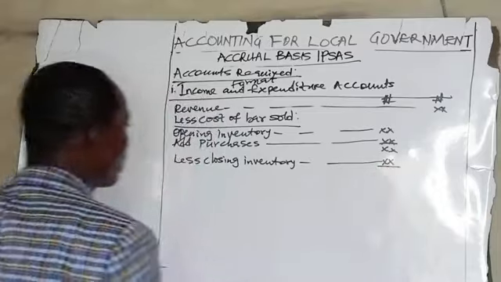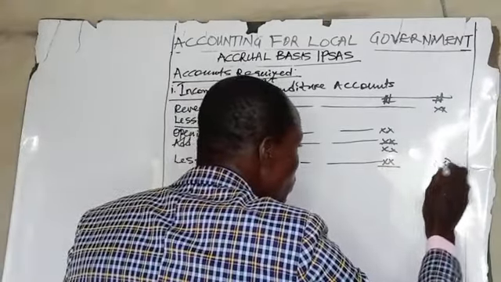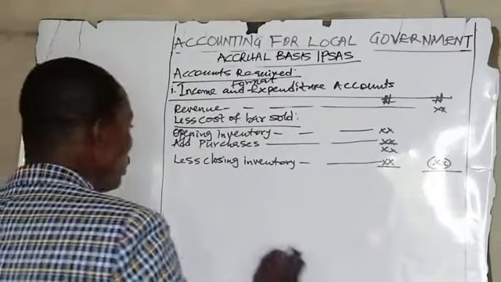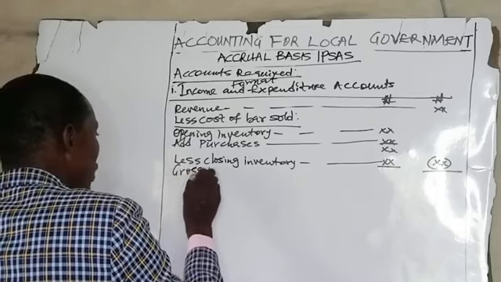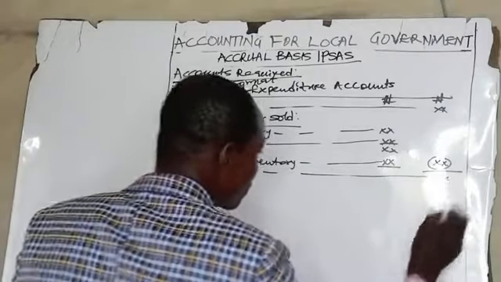When you less that, you get the cost of bar sold. So if you deduct this from bar revenue, you have the bar profit, gross profit, or bar profit.